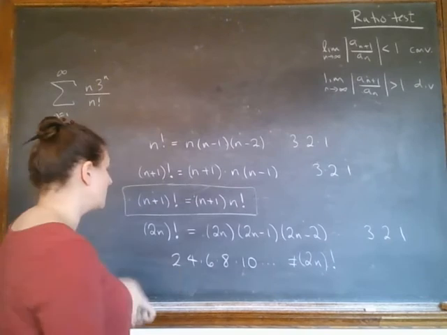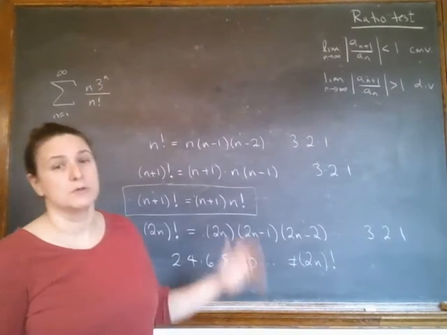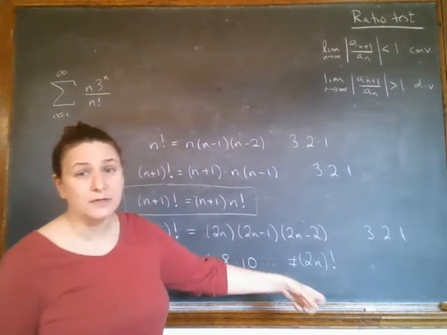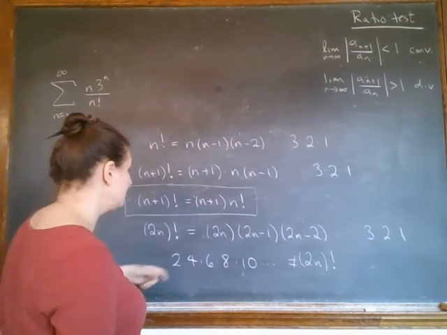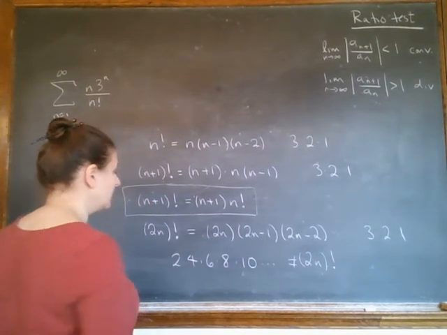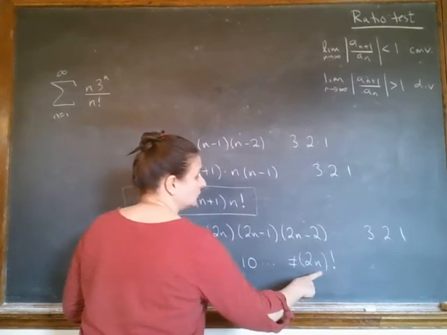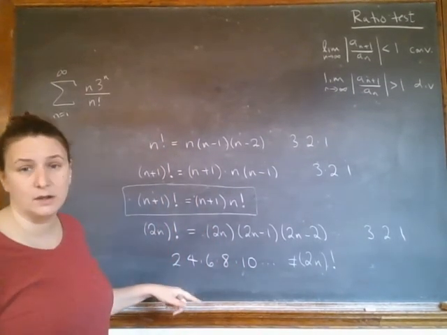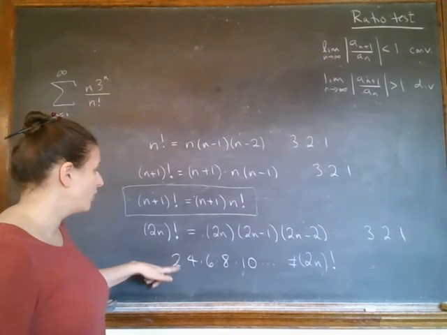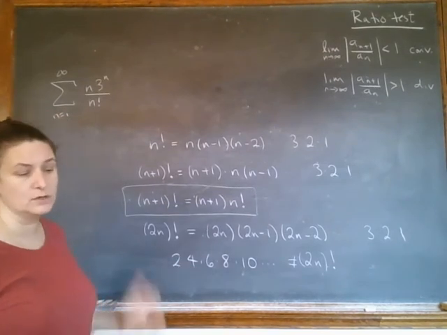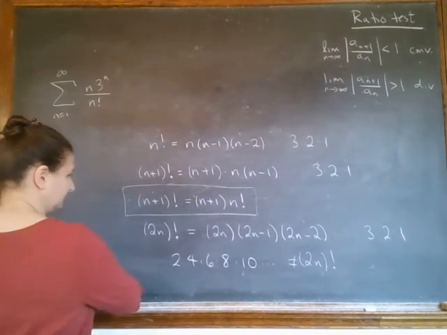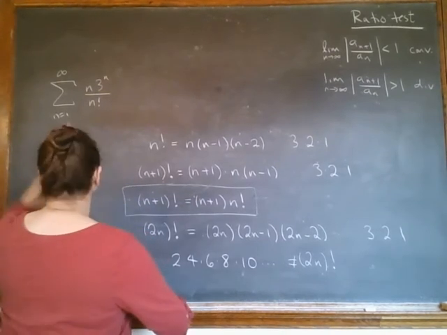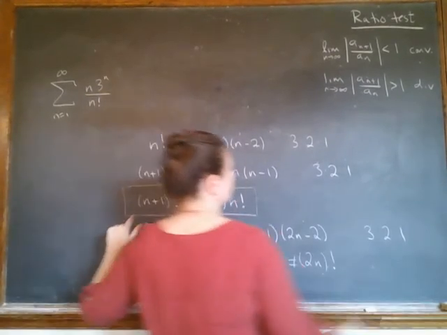So if they want only odds, only evens, only powers of 3, whatever, they have to write it out specifically. And if you see it written out there specifically, don't make this mistake because you'll get the wrong answer. And we'll do an example like that later in this video, where it's something weird written out like that. Okay. So in the meantime, for this example though, I only need this thing that's in the box.